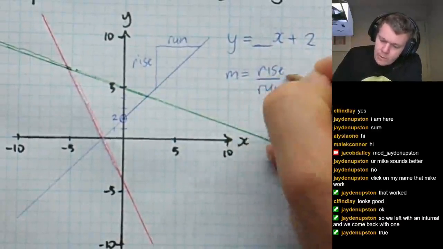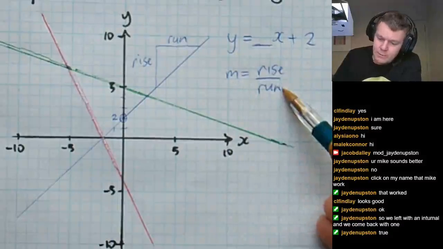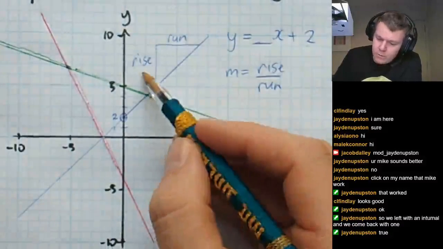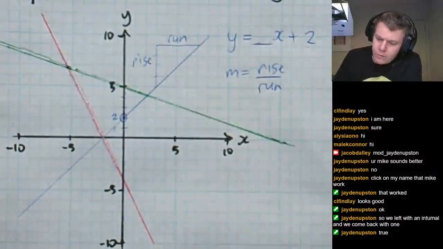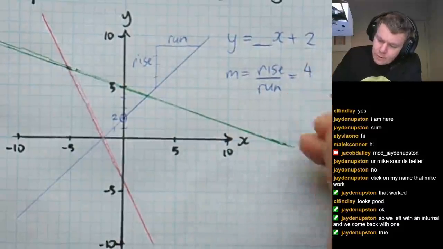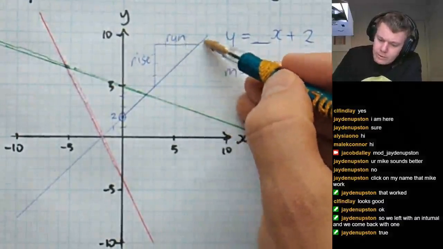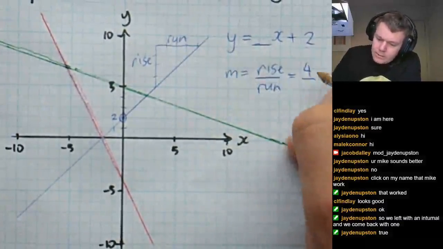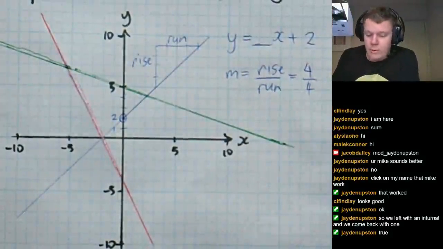It's over as in division, right? The gradient is basically a fraction. We have risen 1, 2, 3, 4 squares. So our rise for this one is 4, and our run is 1, 2, 3, 4 squares. It's not the best ruled line.